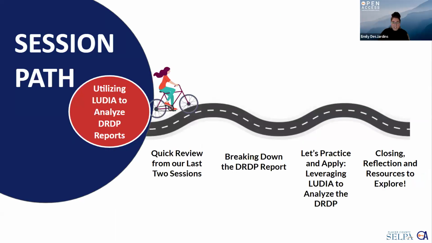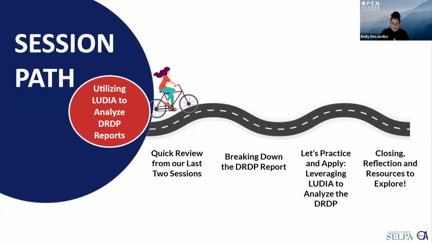Another way to look at our objectives for the day is our little session path here. We're going to do a very quick review, a quick activation of prior knowledge to make sure we're remembering the last 2 sessions a little bit. For anyone who wasn't here for those, just a quick sprinkling. And again, if you want to go watch the first 2 sessions, you're welcome to do that as well. Then Sean's going to take us through breaking down the DRDP report.